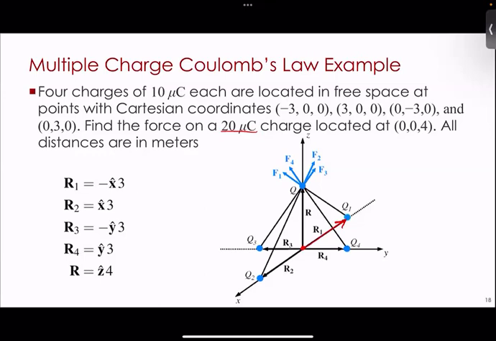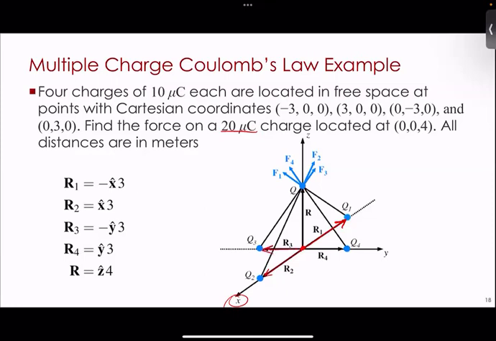Then you'd look at your axes. Positive X is in the opposite direction to that, so it has to be in the minus X hat direction. What's its magnitude? That's just its length. It has to go 3 to get to Q1. That's why it's minus X hat 3. For Q2, exactly the same thing, but we're going in the plus X hat direction.